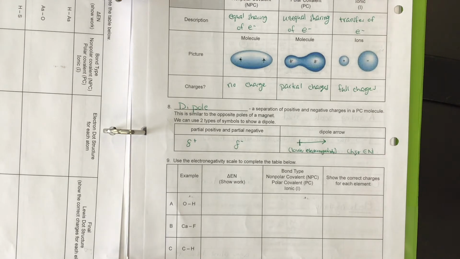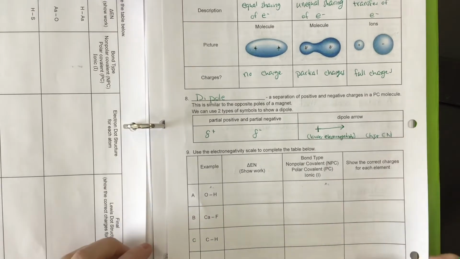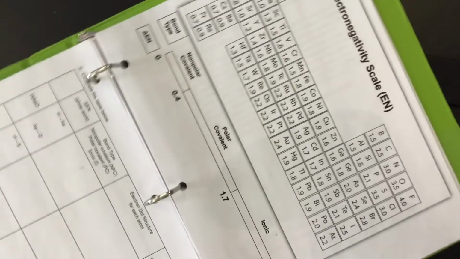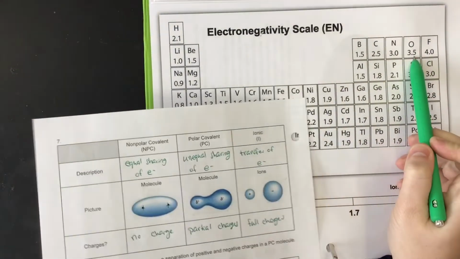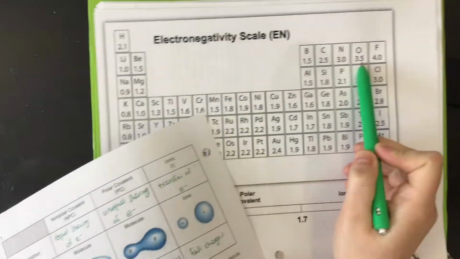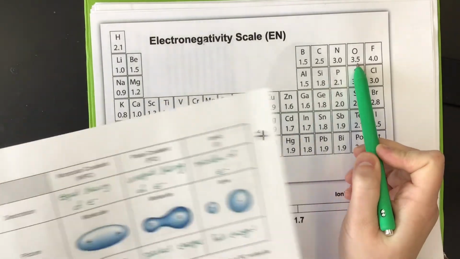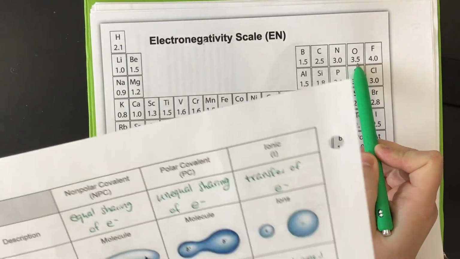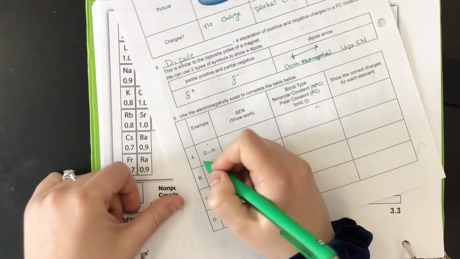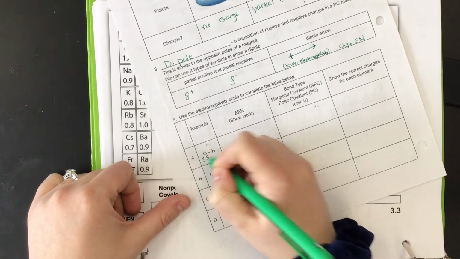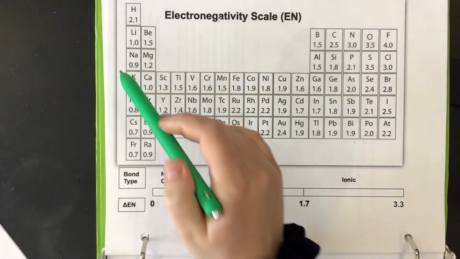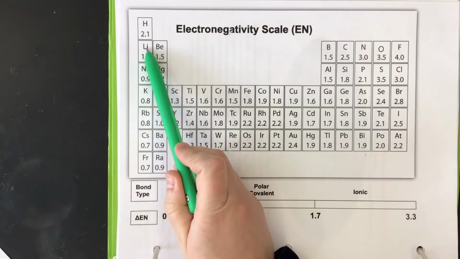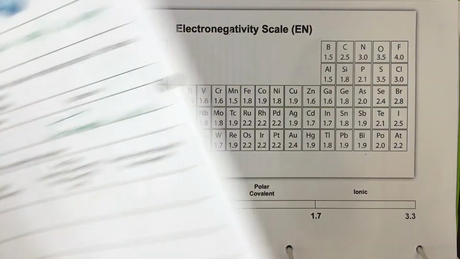Okay? So, how do we do this? We have oxygen, and we're going to go and find oxygen on our electronegativity scale. Oxygen is right here, and it has an electronegativity of 3.5. Then we're going to find hydrogen here, 2.1.